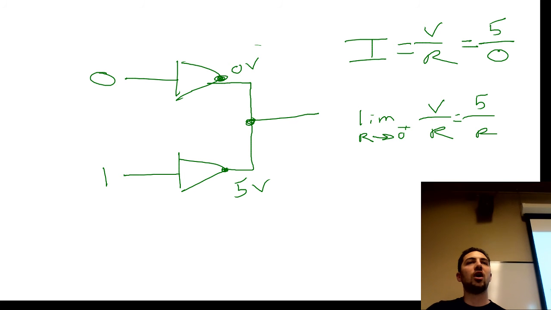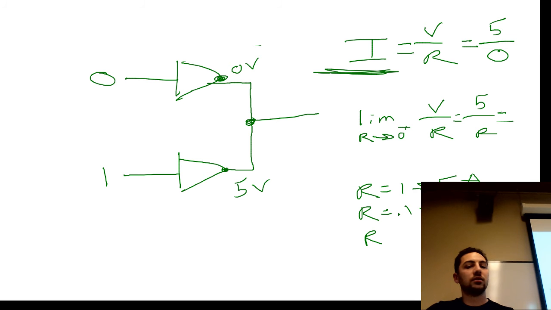Well, let's just assume R is 1. What is the current if R is 1? 5 amps. What if R is 0.1? V over R. 5 divided by 1 is 5 amps. 5 divided by 0.1 is 50 amps.